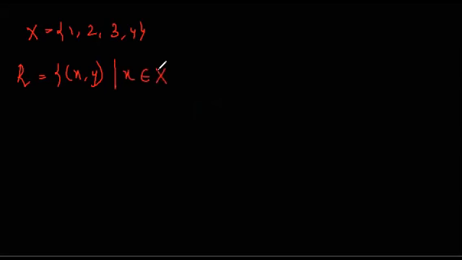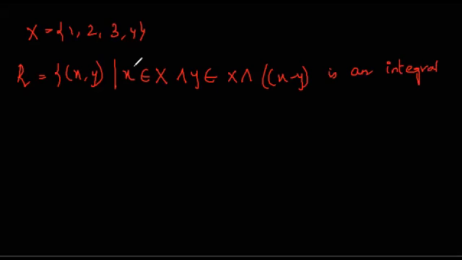Suppose X is a set with the elements 1, 2, 3, 4 and R is defined this way: R is the set of elements (x, y) such that x belongs to the set X and y belongs to the set X, and x minus y is an integral non-zero multiple of 2.